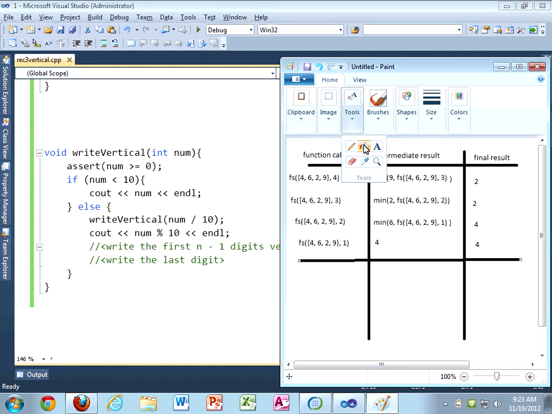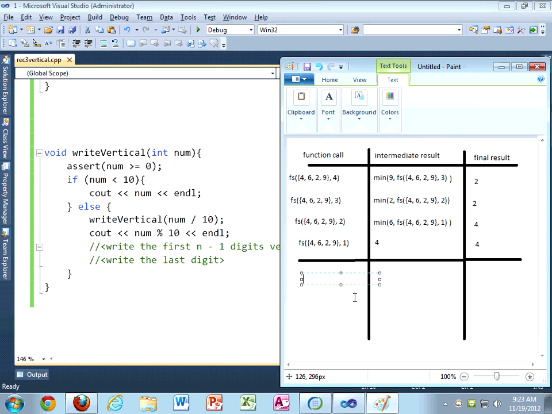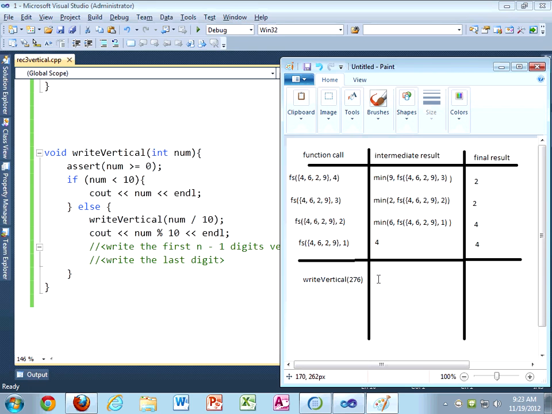So the original function call would be right vertical, let's do like 276. Okay, so the intermediate result would be, now how would we represent this?